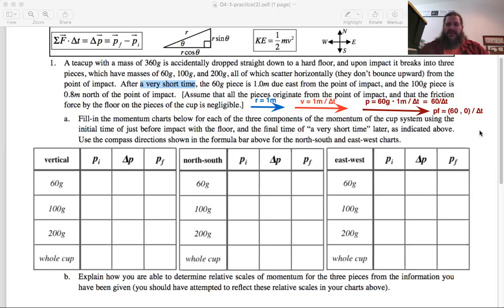So for instance, the 60, that's the eastward component of the 60-gram piece. So we could fill that in here, 60 over delta t. And then you could fill in the others. For instance, the 100-gram piece is moving 0.8 meters to the north. So what's the east-west component of its momentum?